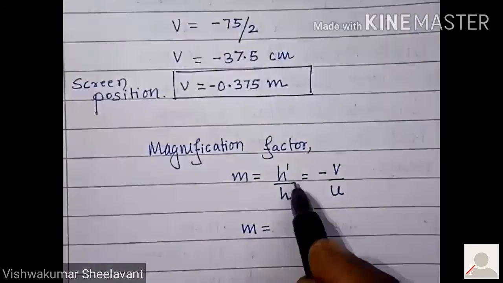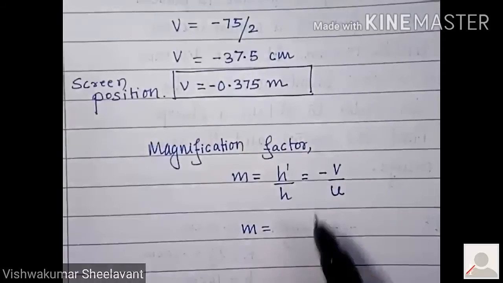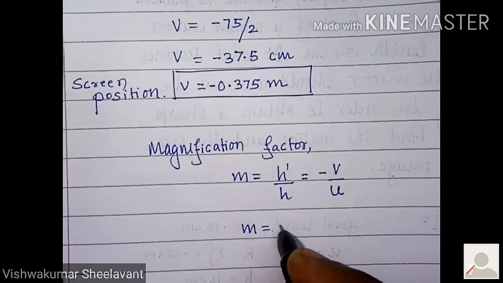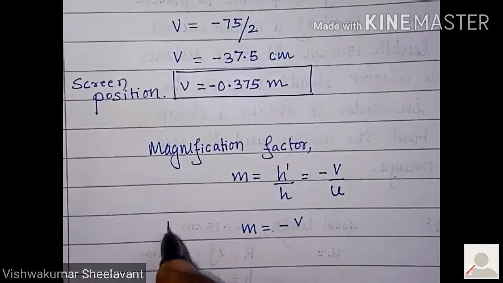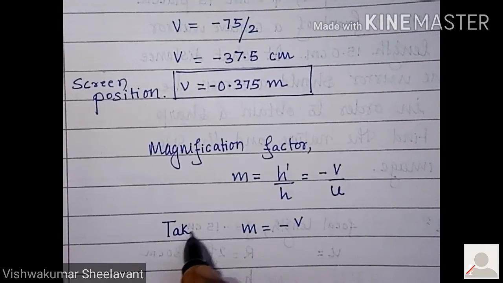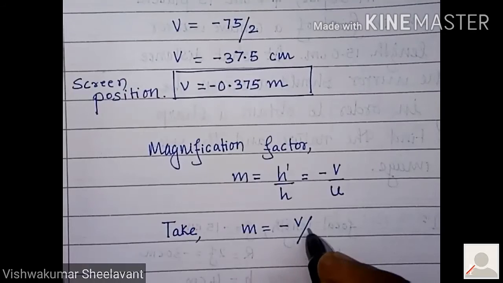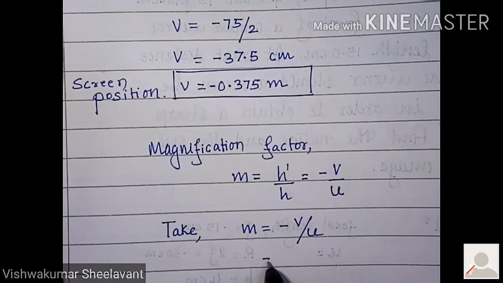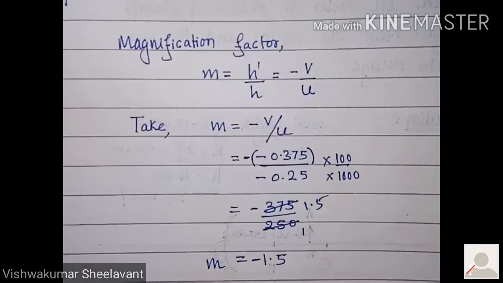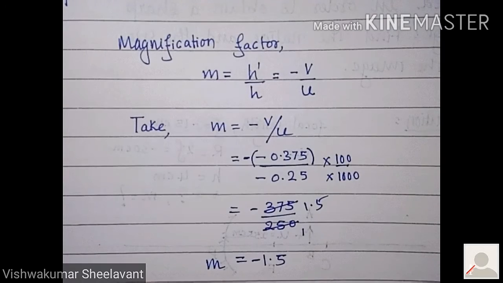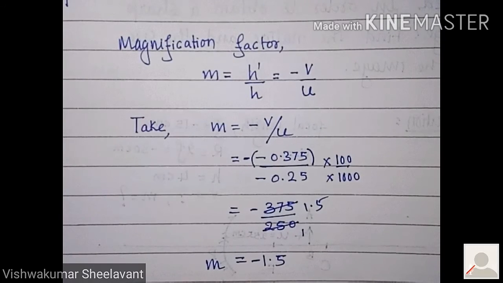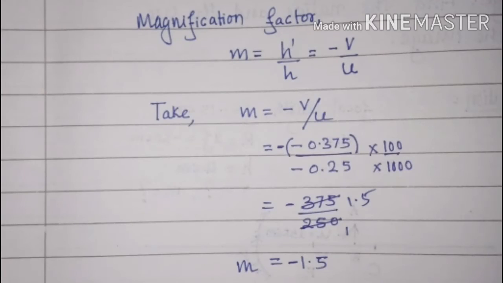Now do not take h dash upon h, take m equal to minus v upon u. That is minus of minus 0.375 divided by minus 0.25.